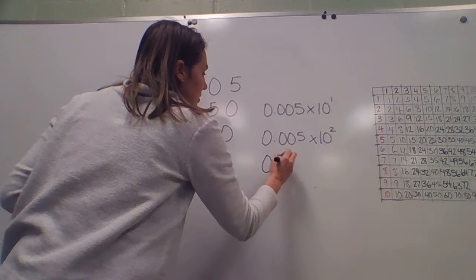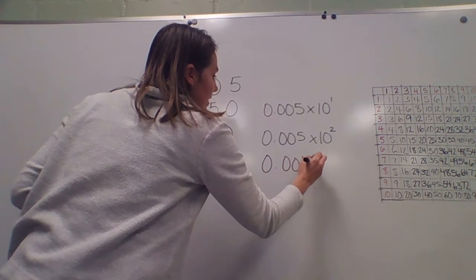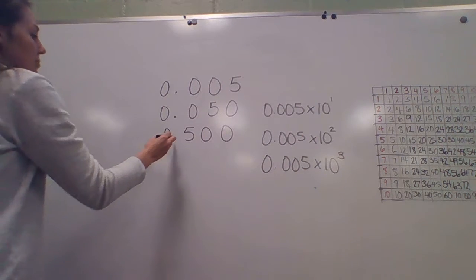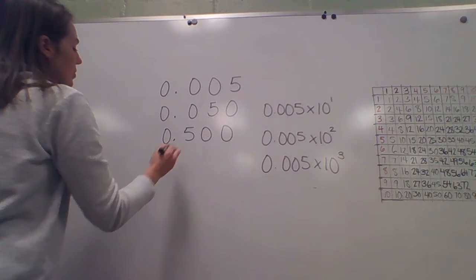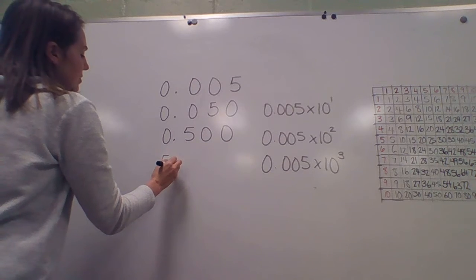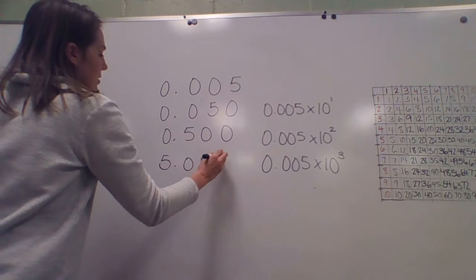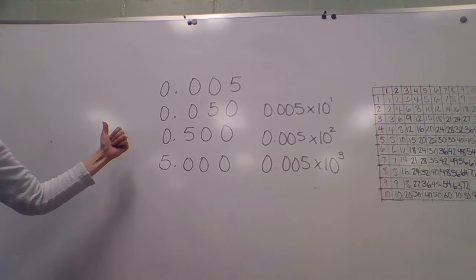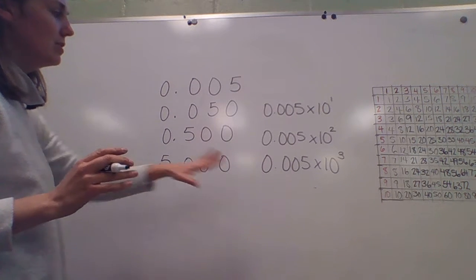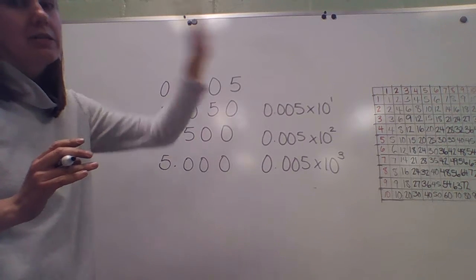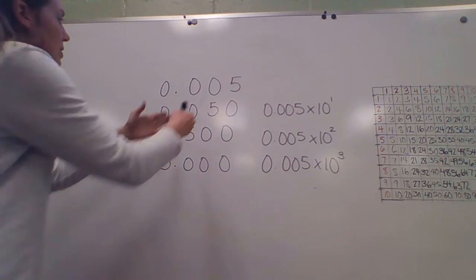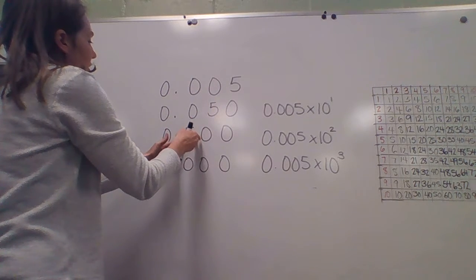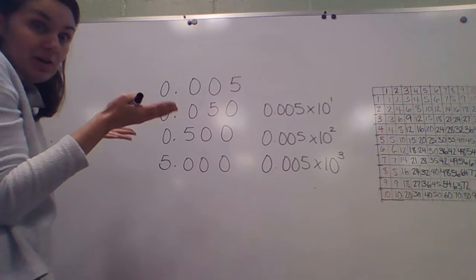Last one, 5 thousandths times 10 to the power of 3. I'm going to move my decimal place one more over, and so now my 5 is going to be moving over to the left, which I know is confusing because when we multiply, we were talking about our decimal place moving to the right, but our number has shifted each time to the next place value to the left because it's getting bigger, right?